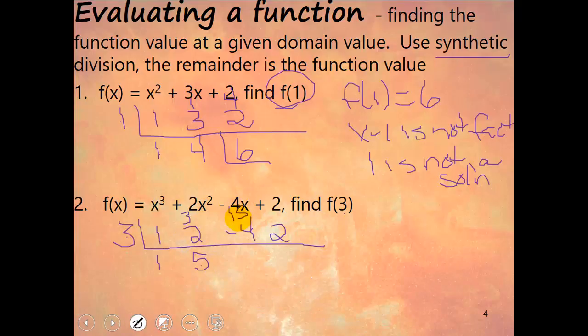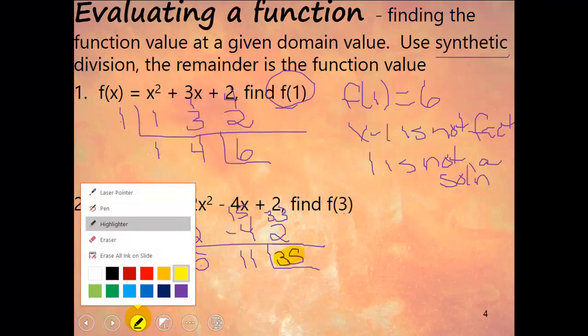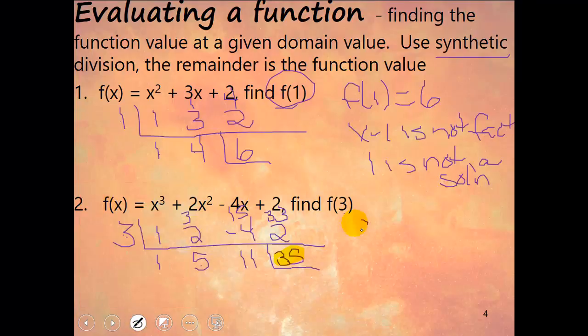Get 15. I add. I multiply 11 times 3. I get 33. I add. And that gives me 35. So my remainder is 35. So that means f of 3 is equal to 35. If I would plug that in to this equation, like I've done in the past, I would get the same value.